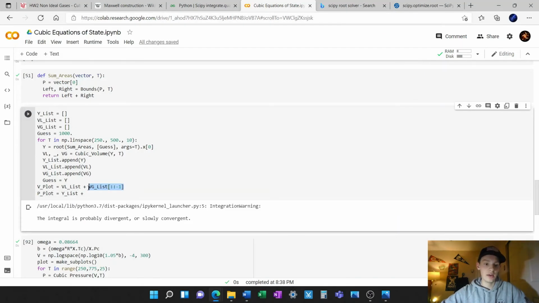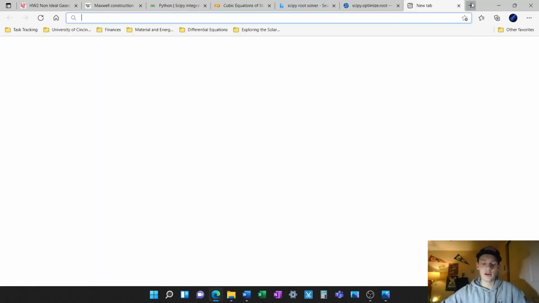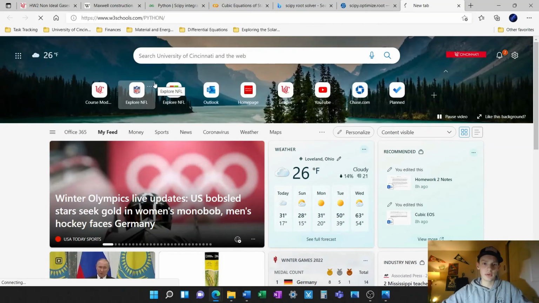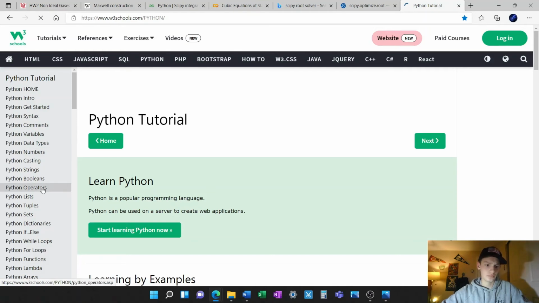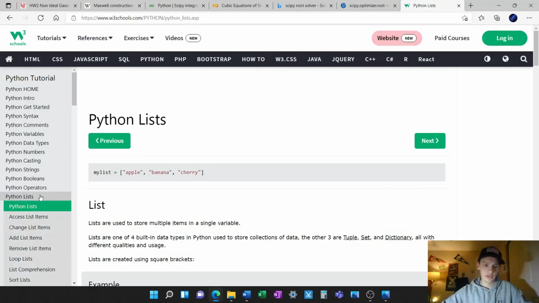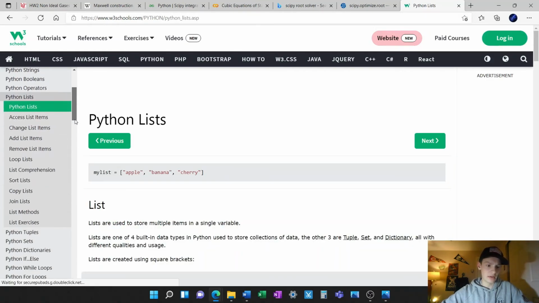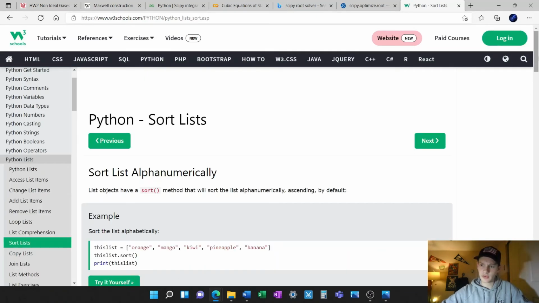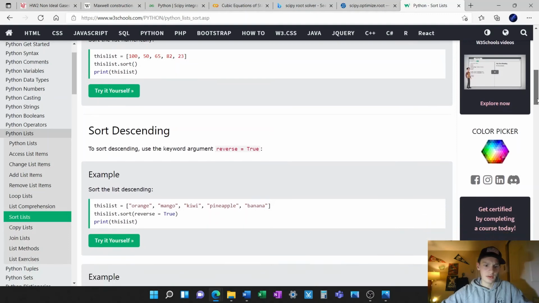And that's why we use this, which again, this type of syntax you can find on W3Schools with the lists. And there are tons and tons of good things. Maybe sort lists, it might have something like that.